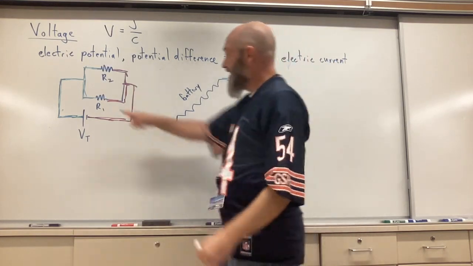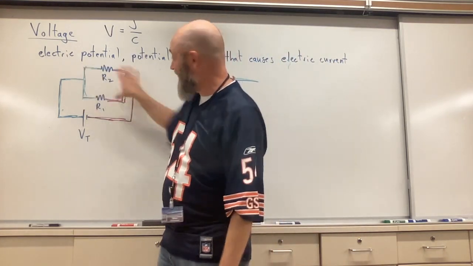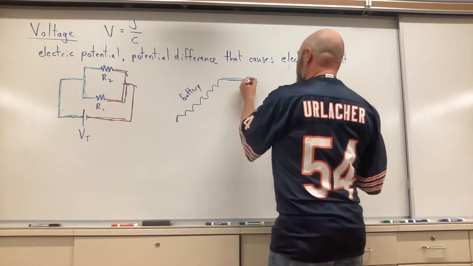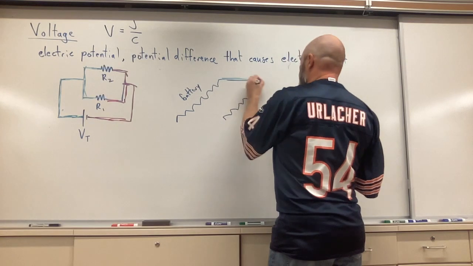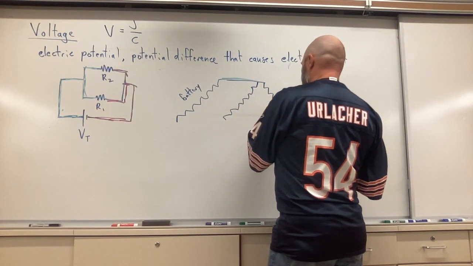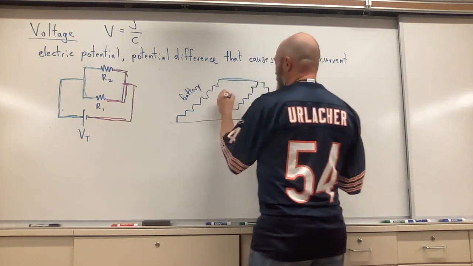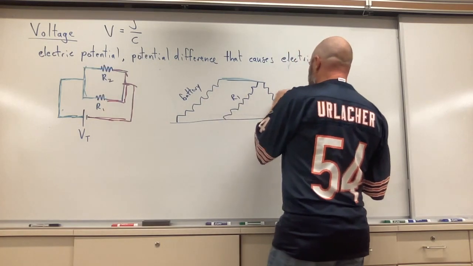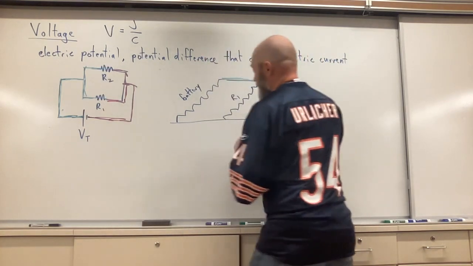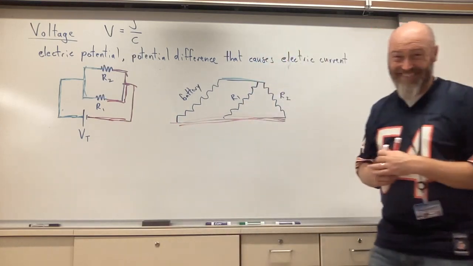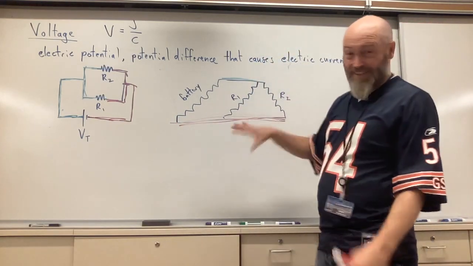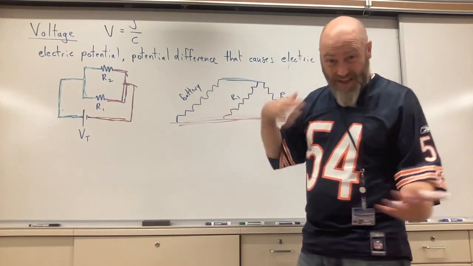Well, if you look, there are 2 different ways to get down. I could either go through R1 or R2, and then this would be my low equal potential line.